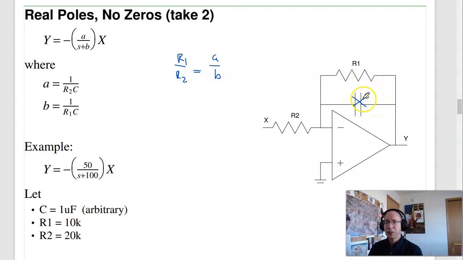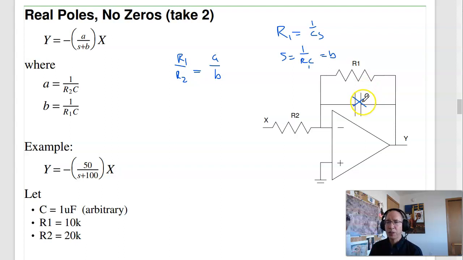I switch when the two are equal to each other. So when R1 is 1 over CS, that's where I switch, or S is 1 over RC, and where I switch is at B. At DC, this is B. High frequency is S. I switch at B, which is what happens here. These two are the same at B. So pick R1 so that 1 over R1C is my pole.